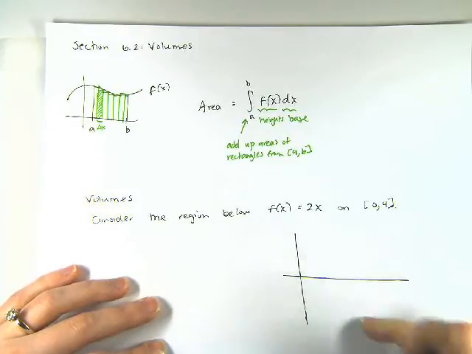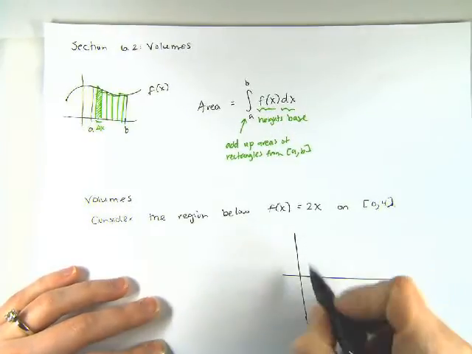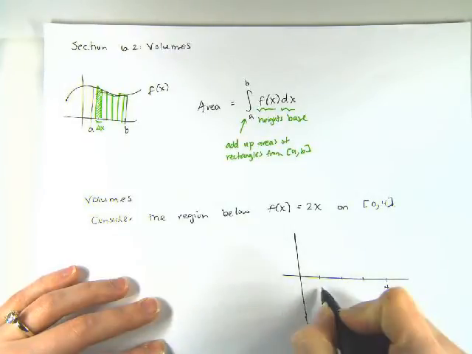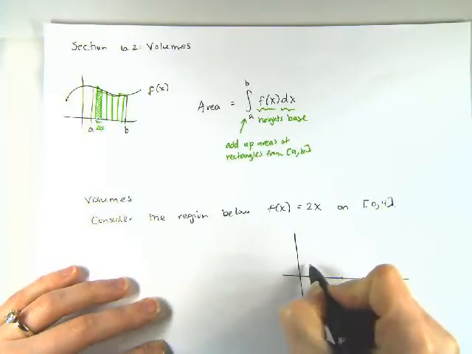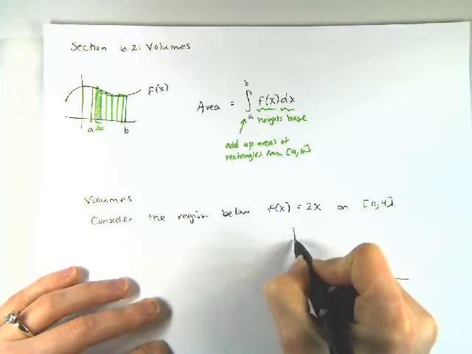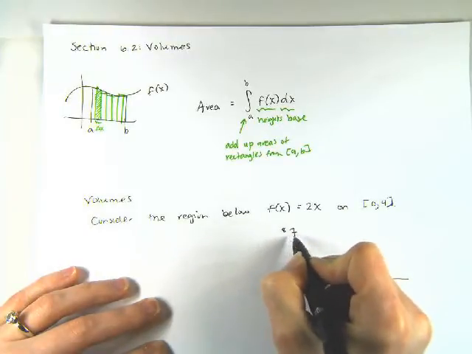Give yourself some vertical space here. So if I do 2x on 0 to 4, let's see, at 1 it would be 2. I know I'm going to need 8.